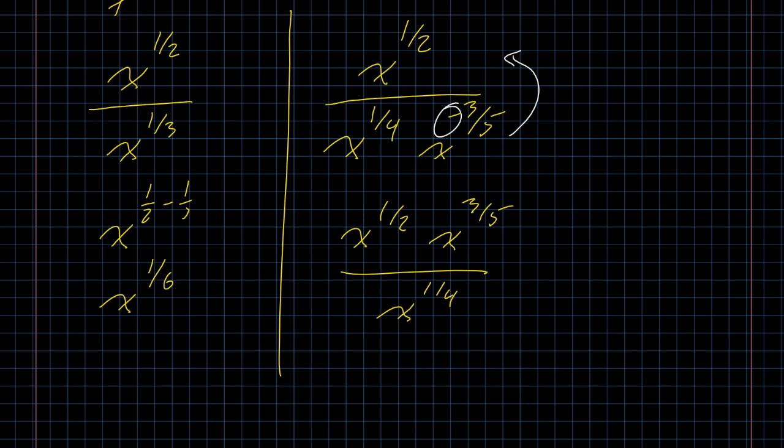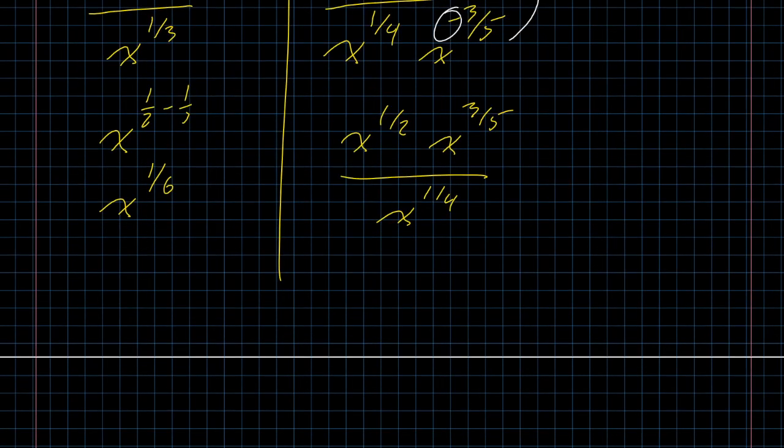And then from there you can continue. 1/2 plus 3/5 is, what is that, 11 over 10? And then 11 over 10 minus 1/4, that's 22 over 20 minus 5 over 20, which is 17 over 20. So fractional arithmetic is certainly the rule for the day.